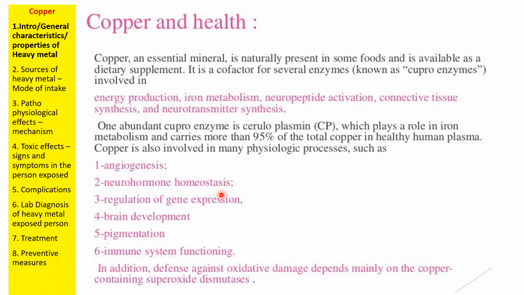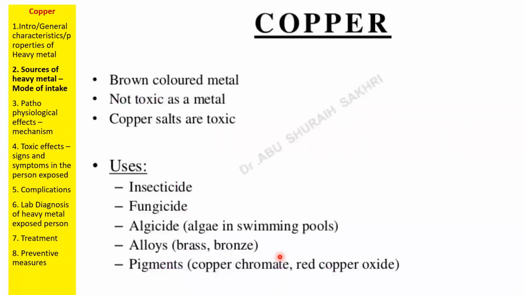It is good at regulating gene expression, brain development, skin pigmentation, and immune system functioning, and it also acts as a defense against oxidative damage. Our body is under constant attack from reactive oxygen species, ROS formation. These free radicals are neutralized with the help of copper.